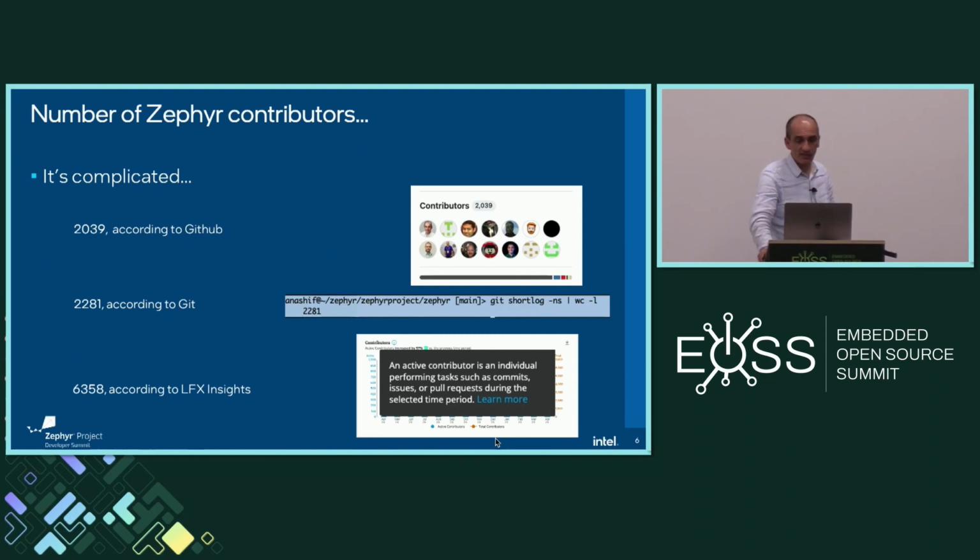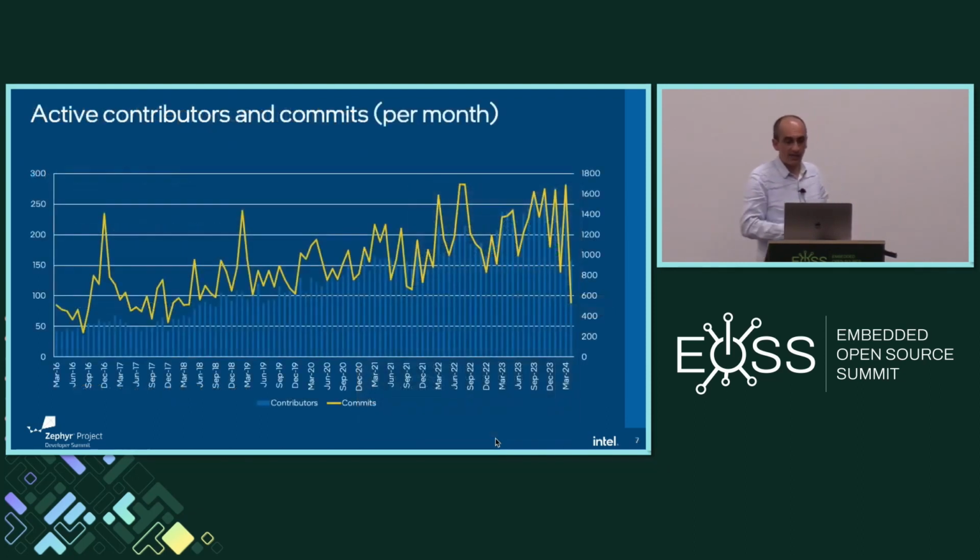So this just shows the numbers, and something interesting that you can extract from Git and other sources is also trying to see the growth over time. So here, basically, we're looking at how many contributors are active each month since the project has started. Obviously that does not show the 2,000 number. This is on a per month basis.